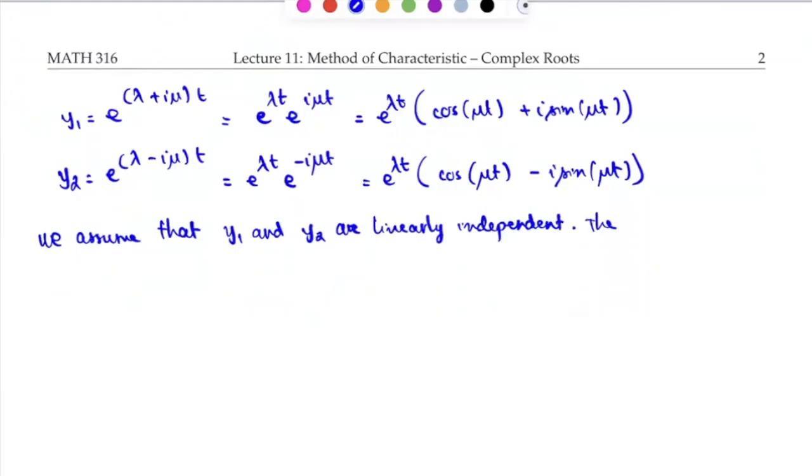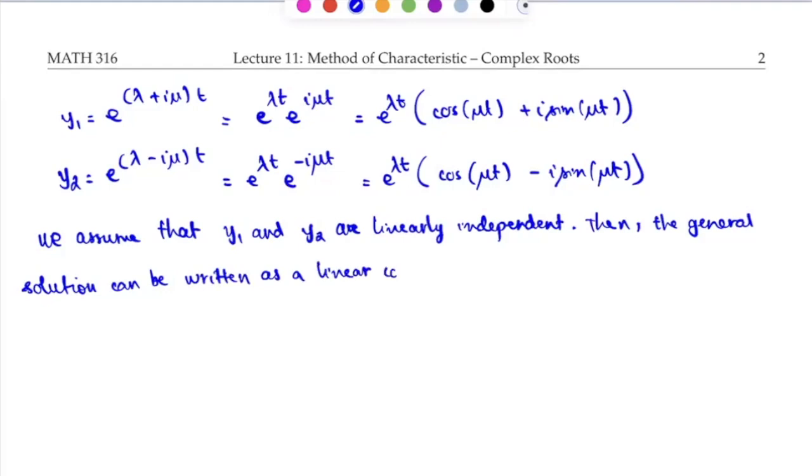Then the general solution can be written as a linear combination of y1 and y2.